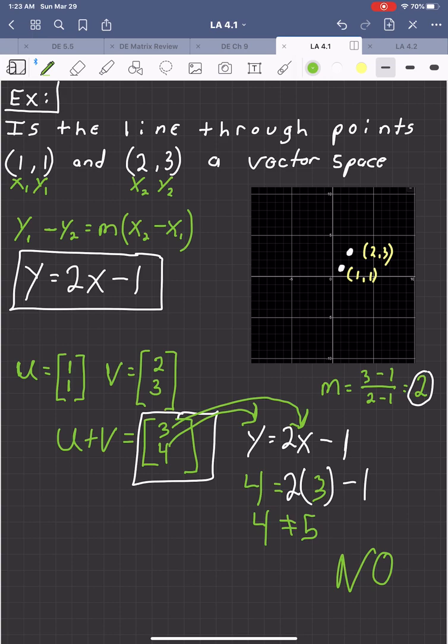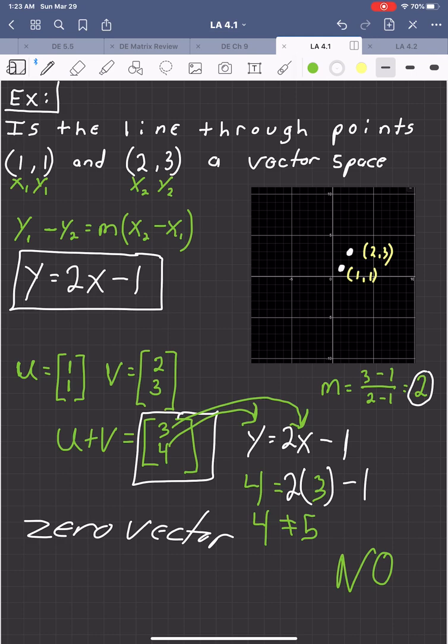But can anyone spot an easier way? And I've already said it. It's the idea of the zero vector. That means that if you draw that line, it has to go through the origin. Does y equals 2x minus 1 go through the origin? Well, that would mean when x is 0, y is 0, right?